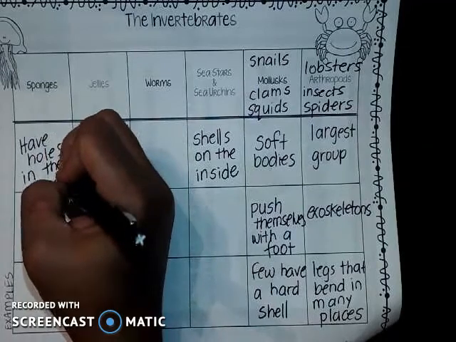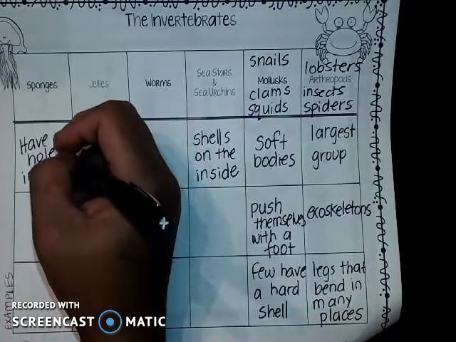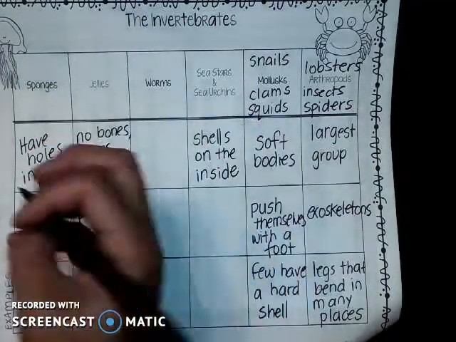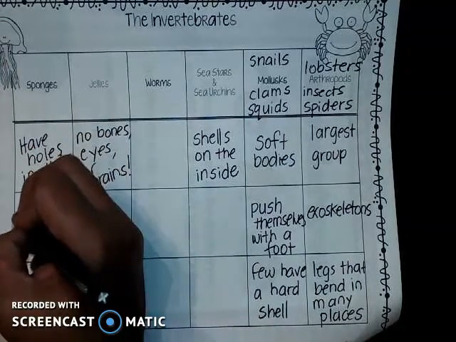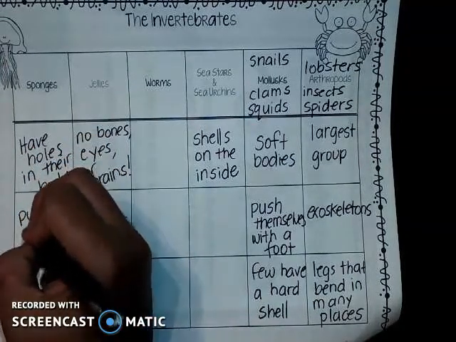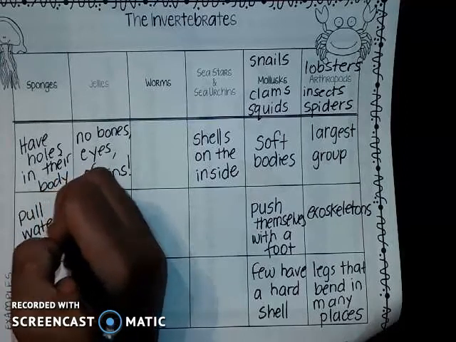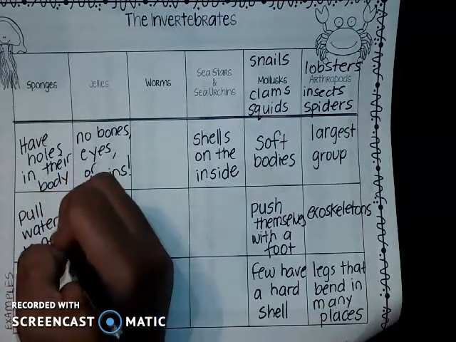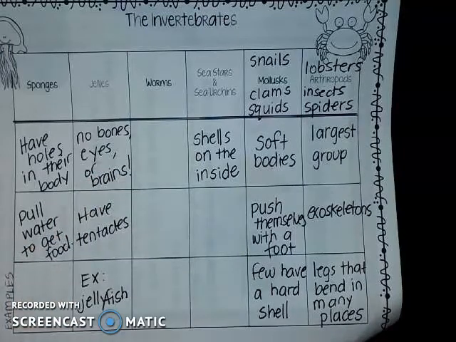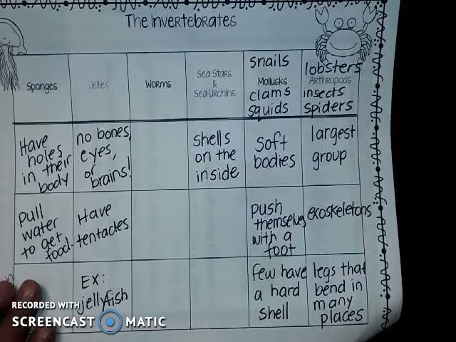And they pull water to get food, it looks like. Did you hear any other information besides those two? Yeah, I didn't either. I didn't even hear an example, so we're going to leave that blank.